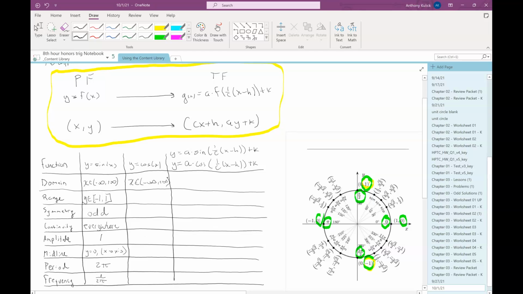And the range is going to be just like sine's, because the smallest x value and the biggest x value are the same as this, because it's a circle, right? We cool with that?